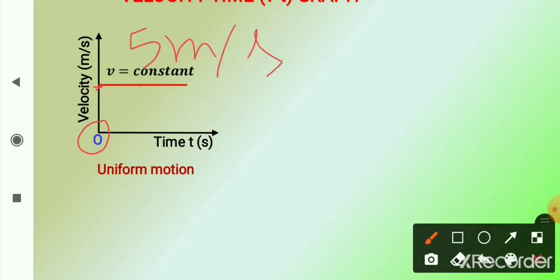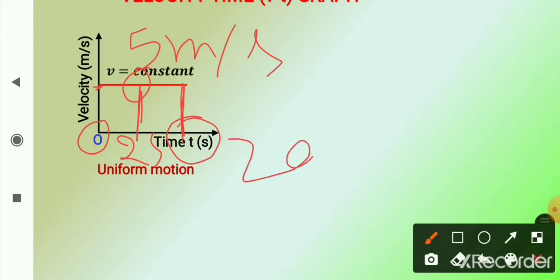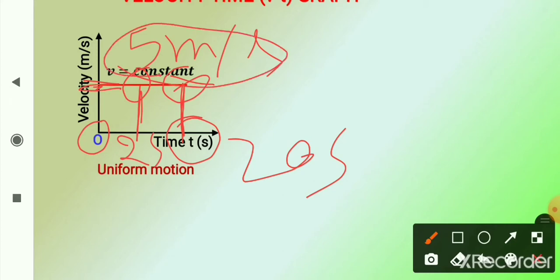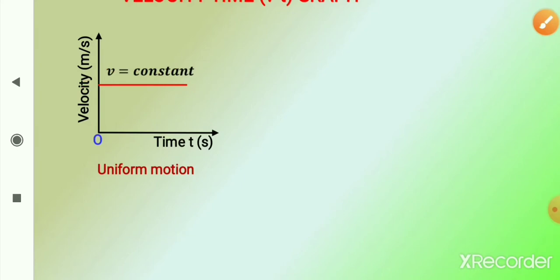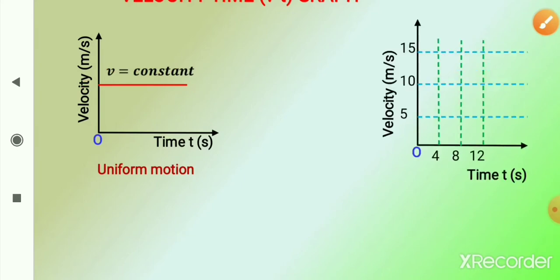So इस टाइम पर भी if it is 2 सेकेंड, इस टाइम पर भी velocity 5 मीटर पर सेकेंड है. आपने थोड़ी देर बाद देखा 20 सेकेंड पर, तब भी velocity 5 मीटर पर सेकेंड ही है. So velocity is not changing. Velocity is not changing means the body is in uniform motion. It is not stationary. It is in uniform motion.